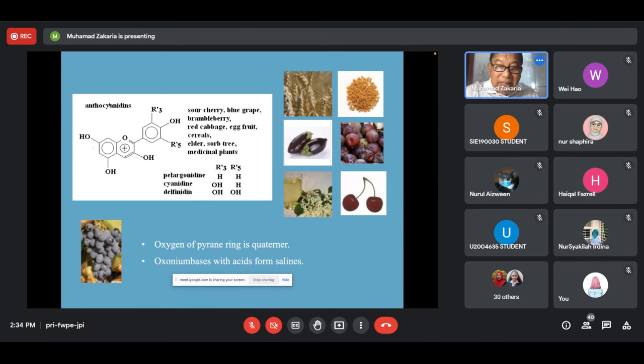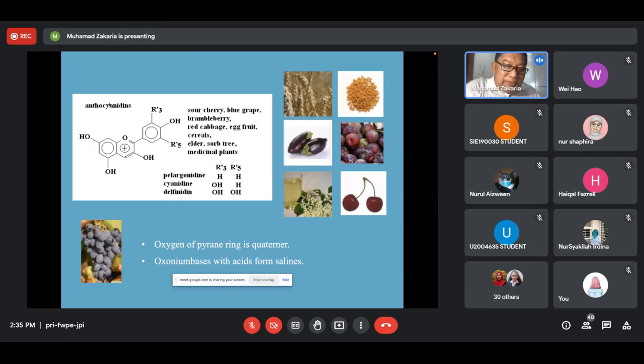So sour cherry, blue grape, plumberry, red cabbage, eggplant, cereal, elder, and many medicinal plants contain anthocyanidins, maybe in the class of pelargonidin, cyanidin, or delphinidin, depending on the functionality.